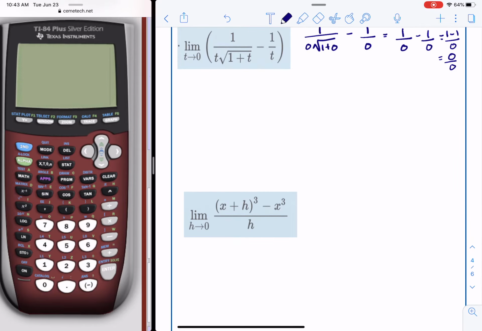If you can't see it directly, we could also rewrite it by taking the common denominator. So I multiply and divide by square root of 1 plus t. So I have a common denominator now.